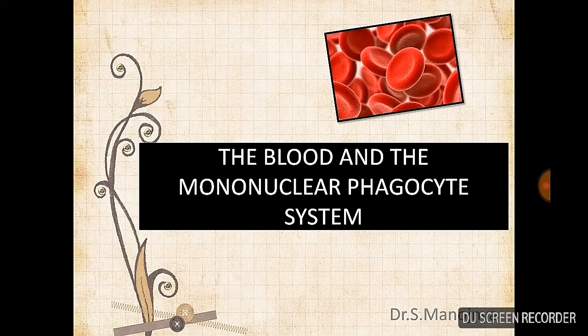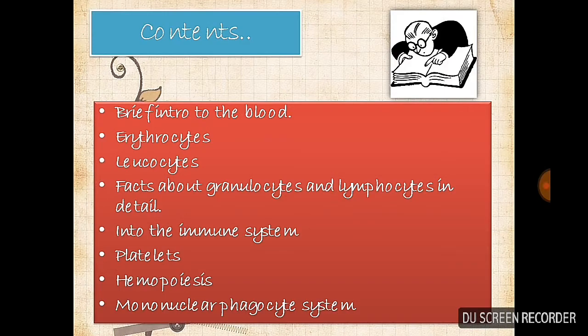Okay, I'm just brushing it up. So these are the contents which I'm going to cover in this topic: a brief introduction to the blood, erythrocytes, leukocytes, facts about the granulocytes and the lymphocytes in detail, the immune system, platelets, hemopoiesis, and mononuclear phagocyte system.